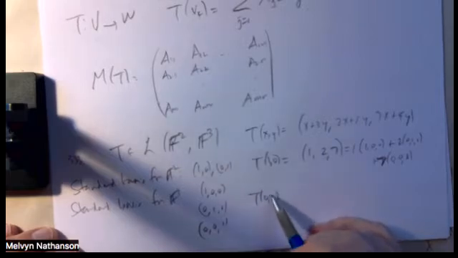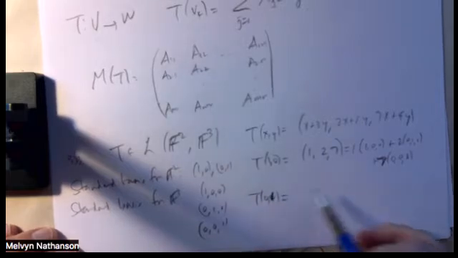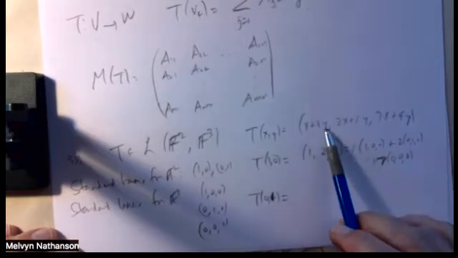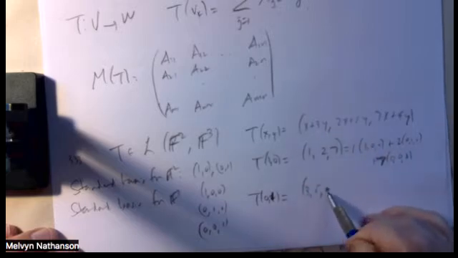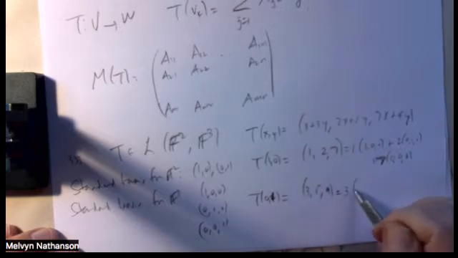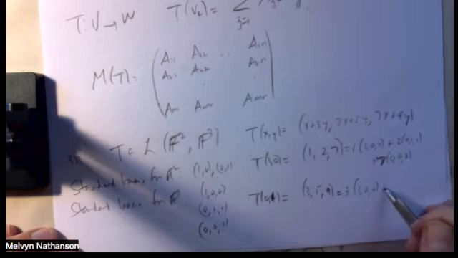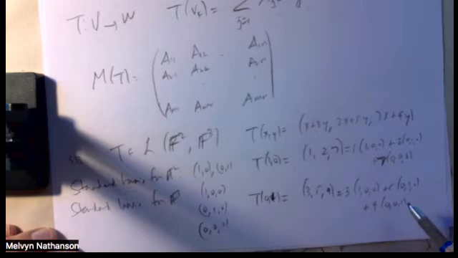And T of (0, 1), when x is 0 and y is 1, I get (3, 5, 9), which is 3 times (1, 0, 0), plus 5 times (0, 1, 0), plus 9 times (0, 0, 1).